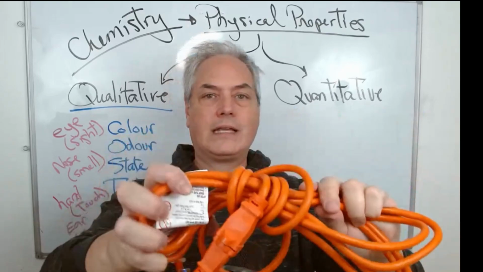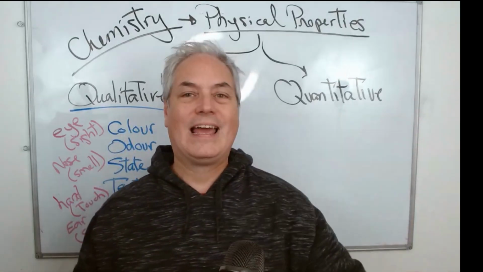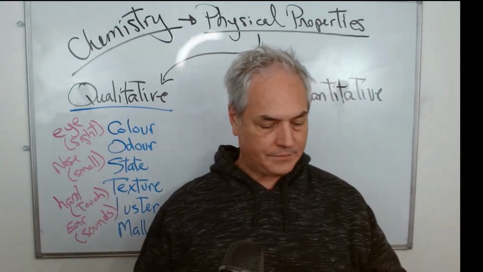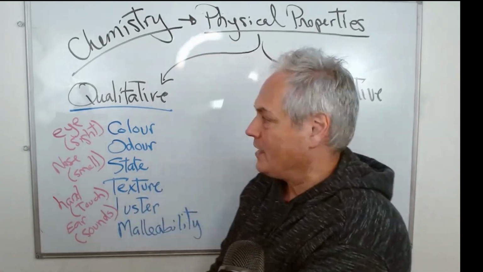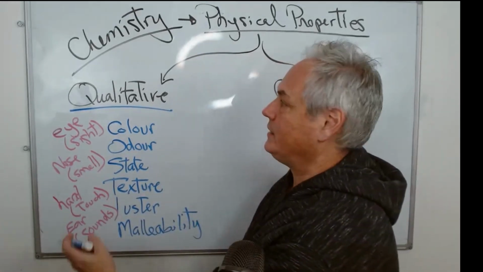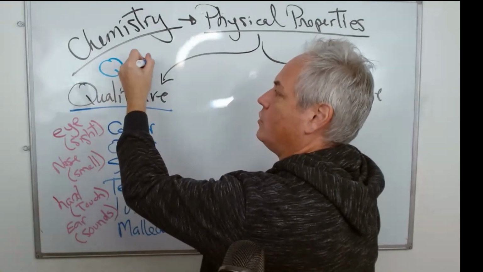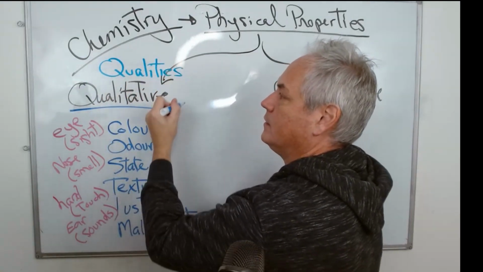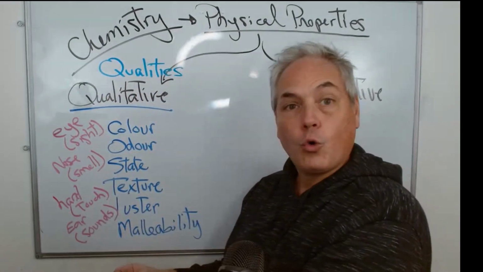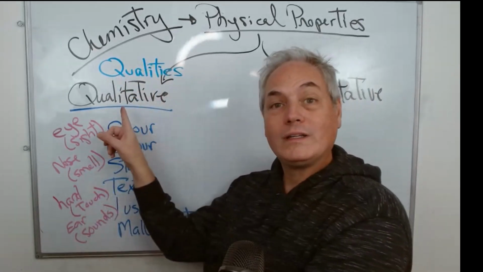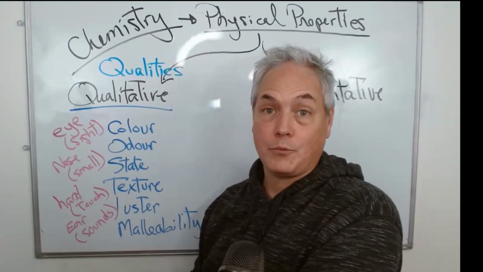We have a cord and we can move it, and it is malleable. All of these types of characteristics, we can give them qualities. This idea of qualities is what makes those qualitative properties so important.